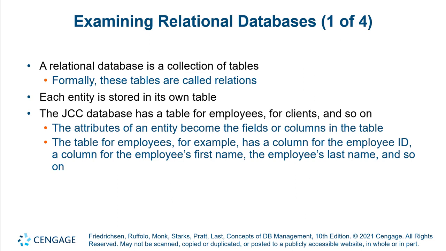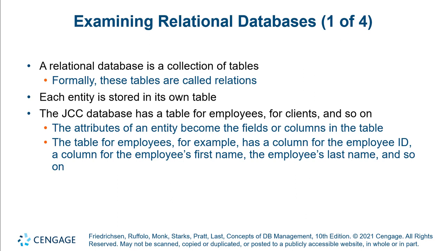And it does this by storing each entity in its own table, and then that table has those associated attributes of those entities. For example, our JCC database has several different tables in it, different relations in it, right? It has the employees and the clients and the projects, and each one of them has their own attributes, right?